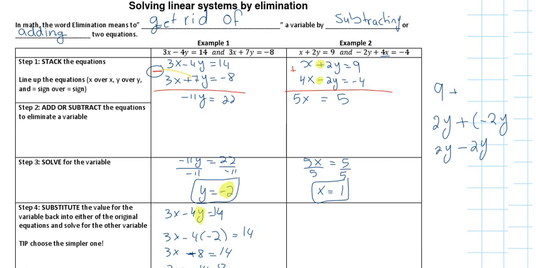That's why we're adding, because if we're subtracting, it's going to become 2y minus negative 2y. What's 2y minus negative 2y? That becomes plus. So what's 2y plus 2y? 4y. So it doesn't eliminate. That's why we're adding and not subtracting.